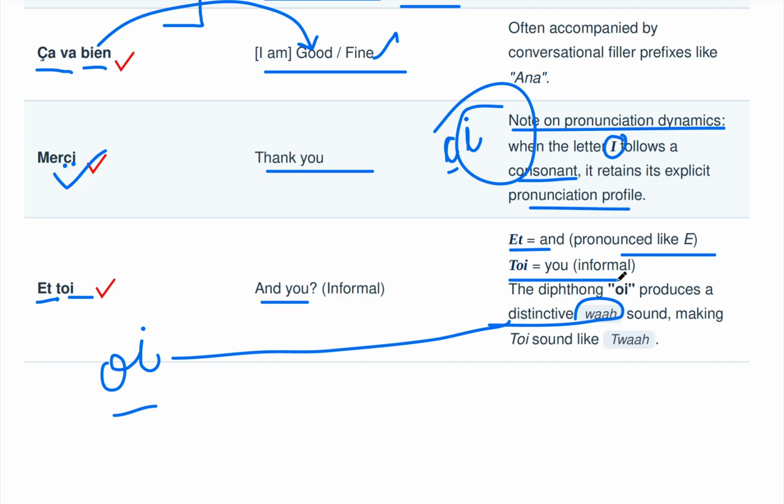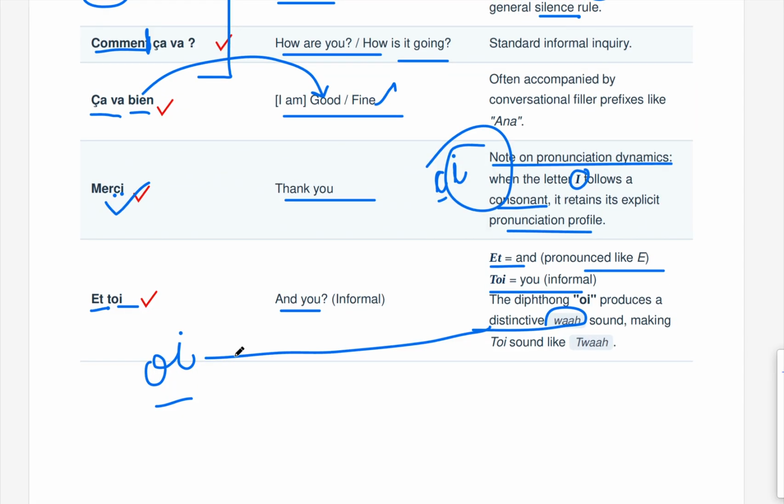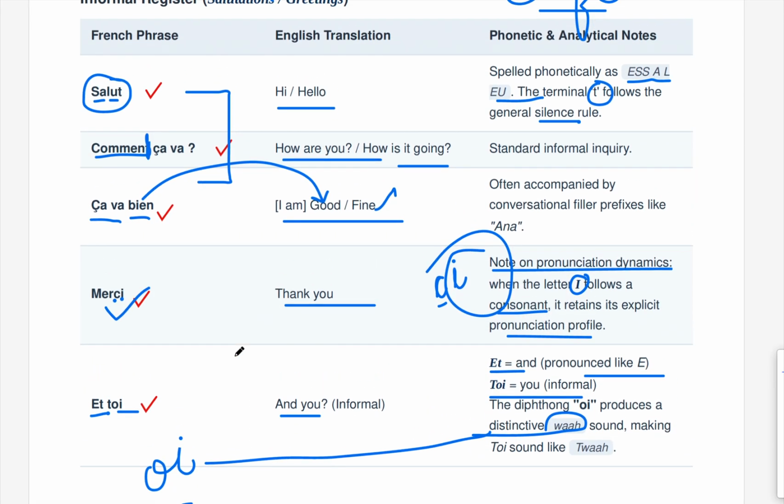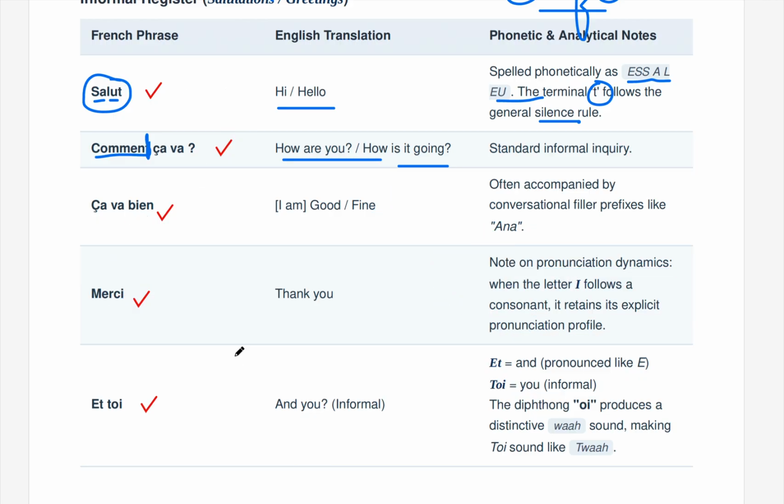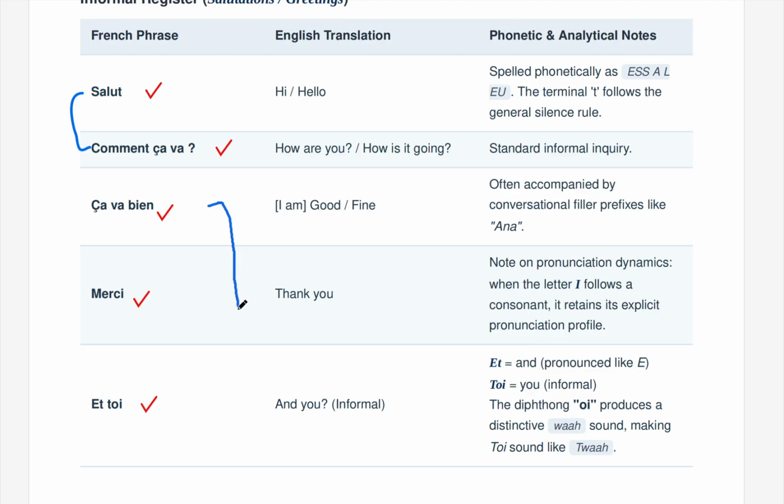And toi, okay, toi. Et toi means and you. So if we speak the whole conversation between two persons again, person one will say: Salut, comment ça va? Person two will say: Ça va bien, merci, et toi? D'accord?